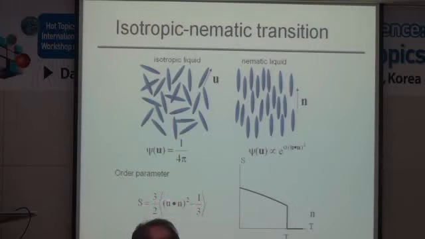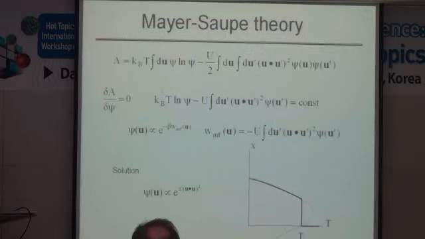This order parameter is 0 in the isotropic state and becomes non-zero in the nematic state. Now the phase transition from the isotropic to nematic state has been described. I think again Peter talked about this yesterday.